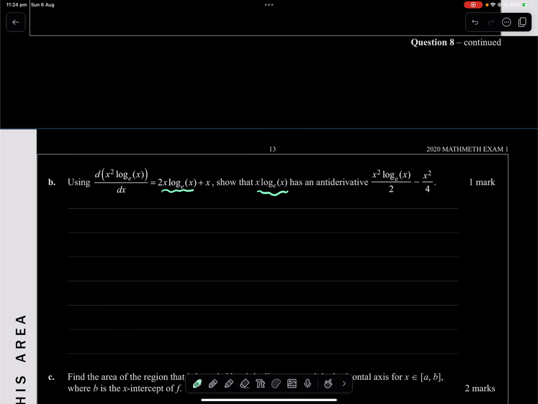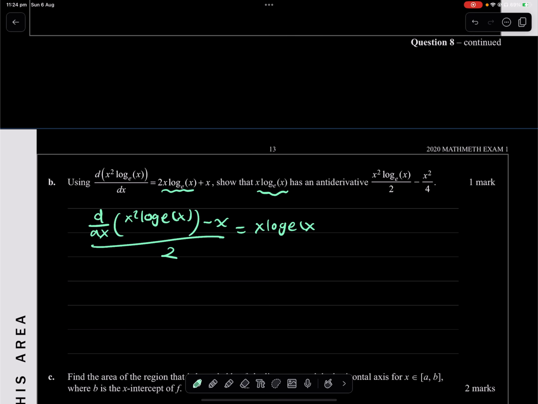So if we move it around, we can say d dx of x squared log e of x all over 2, minus x squared over 4, is equal to x log e of x.